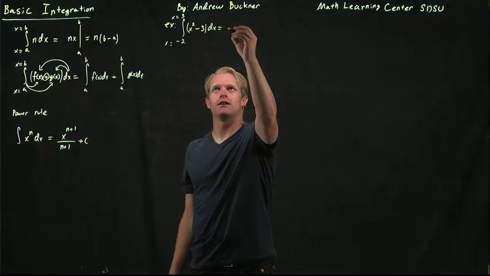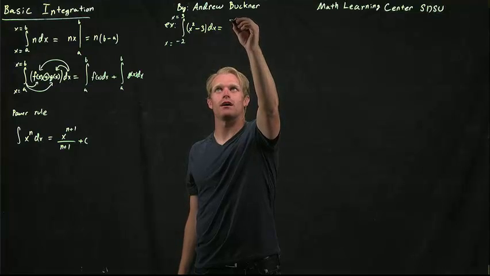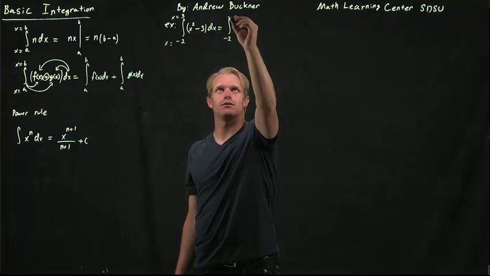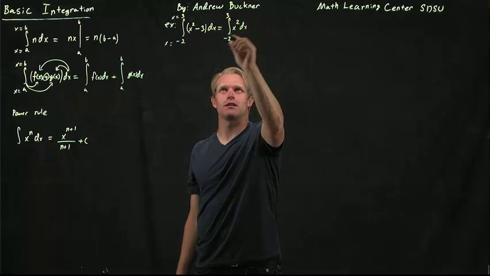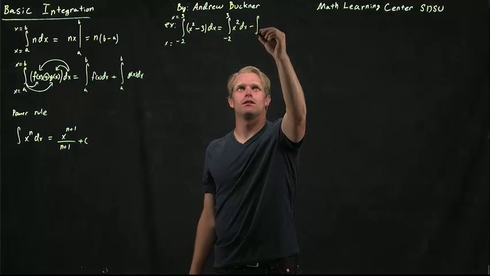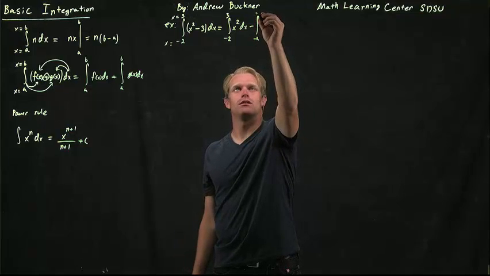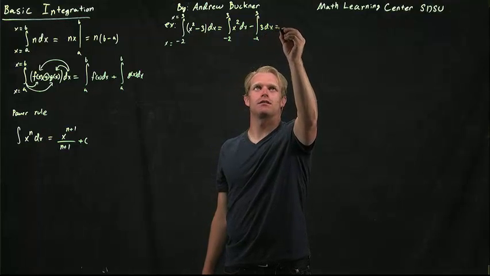We're going to have the dx and the integral go into each function. So we have the integral from -2 to 3 of x squared dx, and we carry this negative sign over here, -2 to 3 of the constant value 3 dx.